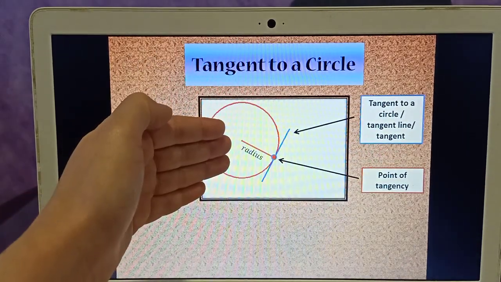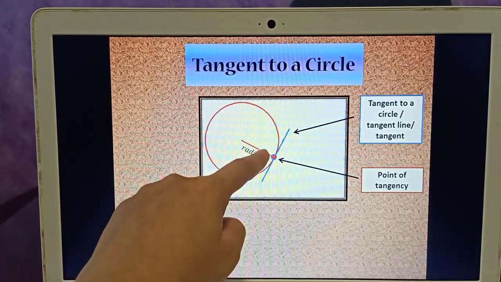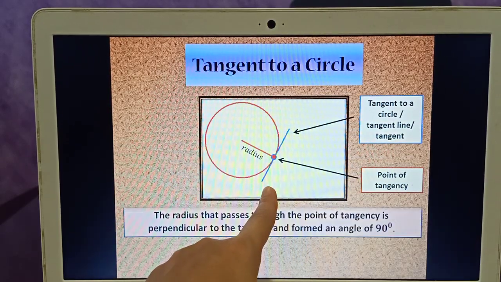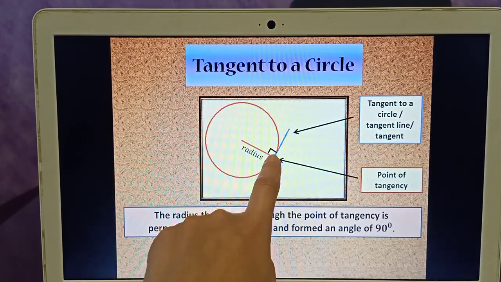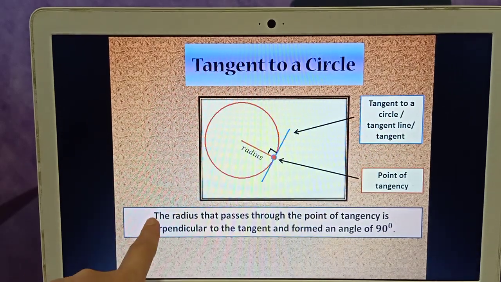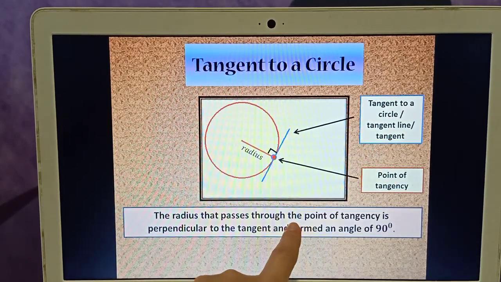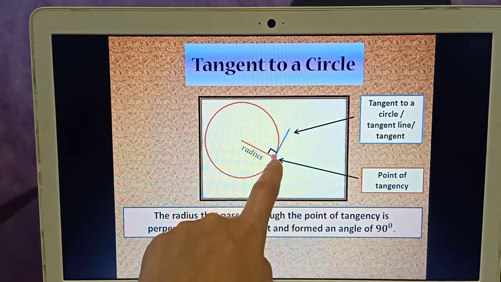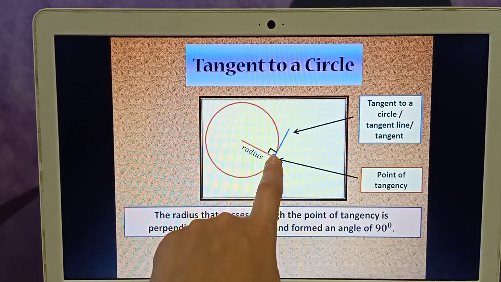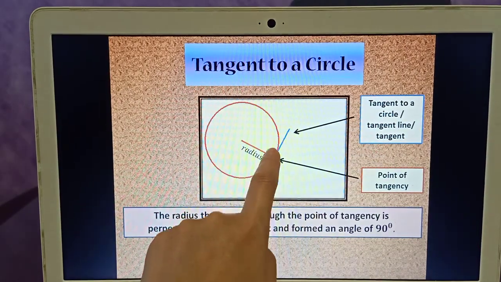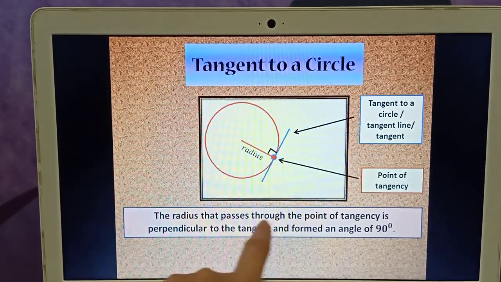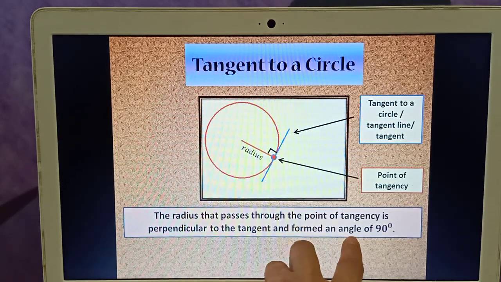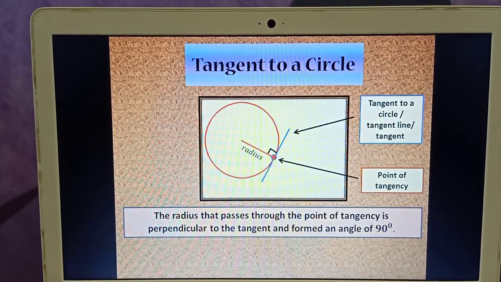So what happens when the radius meets the tangent? It actually forms 90 degrees here. The radius that passes through the point of tangency is perpendicular to the tangent and forms an angle of 90 degrees.